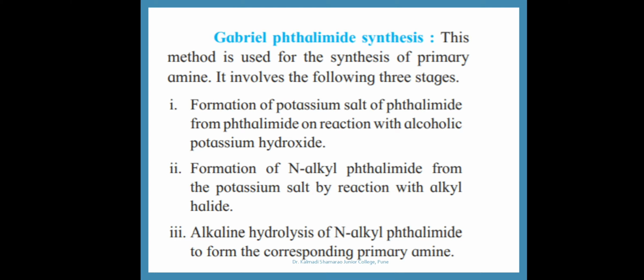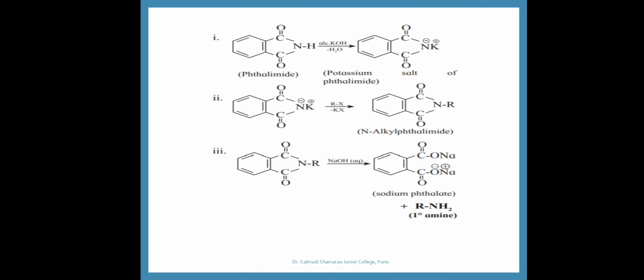Second stage is formation of N-alkyl phthalimide from the potassium salt and alkyl halide, and third stage is alkaline hydrolysis of N-alkyl phthalimide to form the corresponding primary amine. These are the stages: phthalimide is converted to potassium salt of phthalimide, then to N-alkyl phthalimide, and N-alkyl phthalimide is converted to sodium phthalate and primary amine finally.